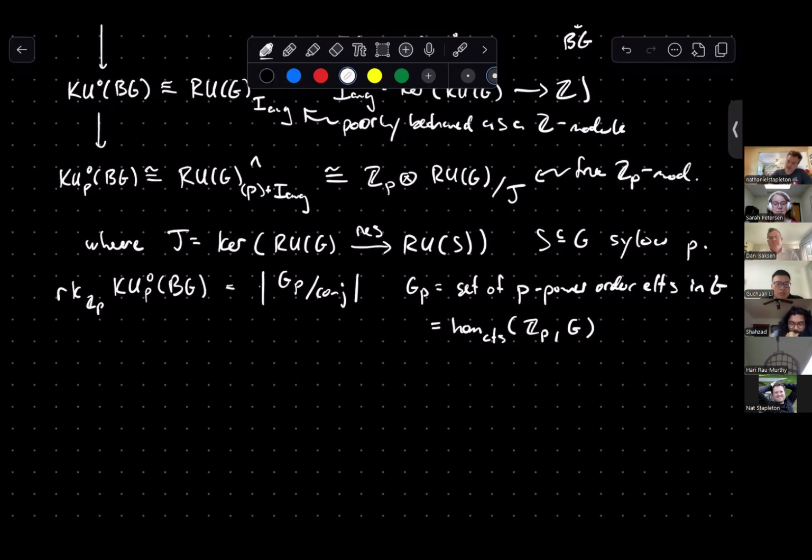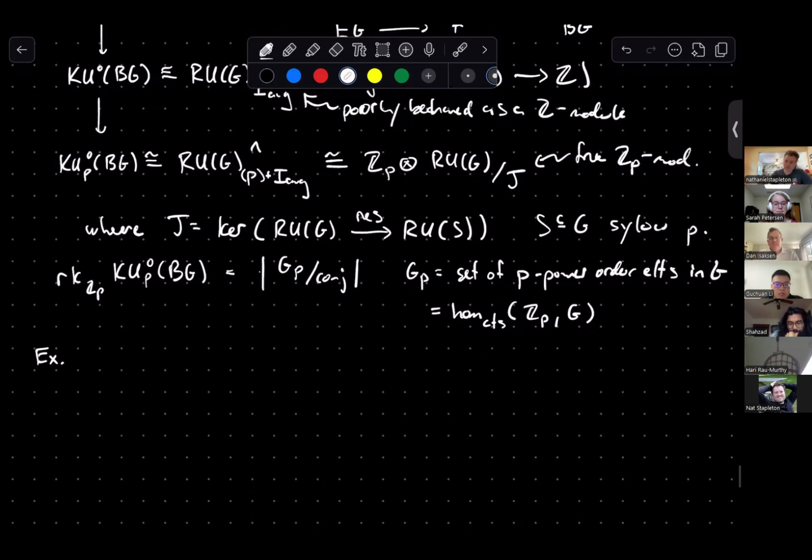Let's just do an example. So here's two examples just to help process what's going on here. So first, if I take the p-adic K-theory of B Z mod P to the K, that's a P group, so the J is trivial. J is the zero ideal.